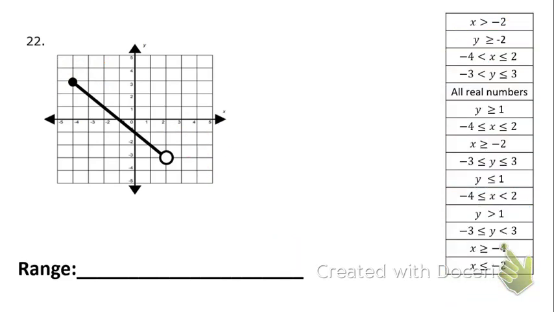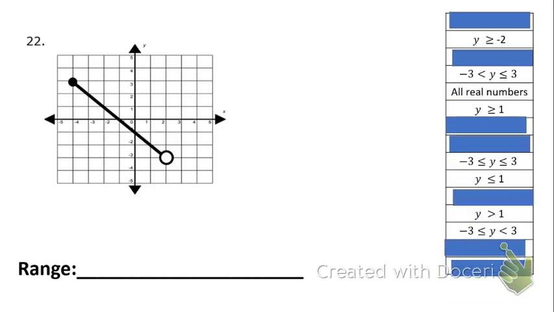All right, let's go on to our next problem, which is to find the range. To find our range, once again, we eliminate the answers that have an x, and we only look at the y values. Next observation, again, as before, this is closed, and this is open.